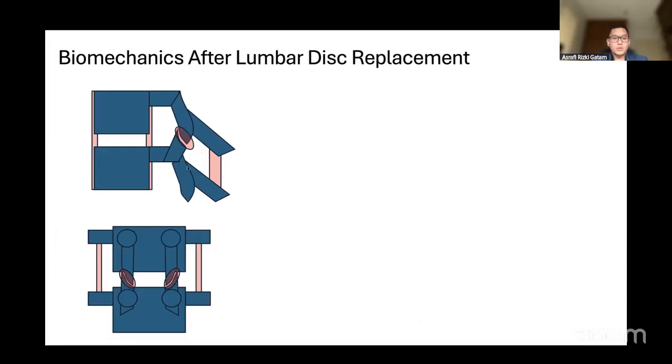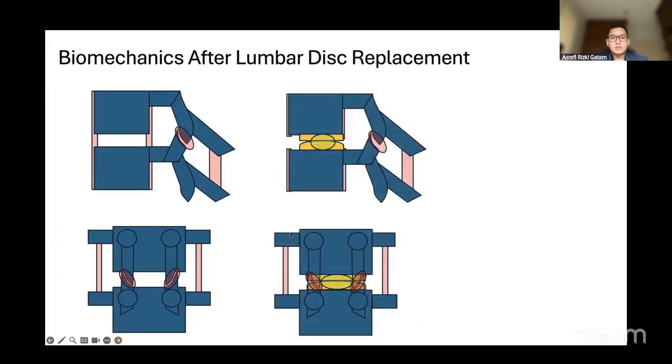When we try to put in some implants, we have to put them on the center of rotation of the spine itself, which is located at the posterior third of the lumbar spine.